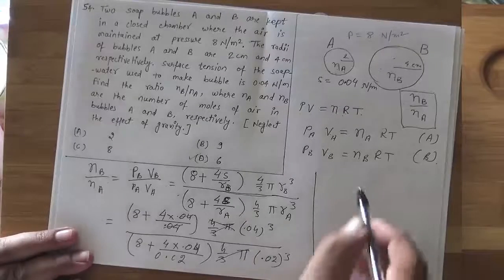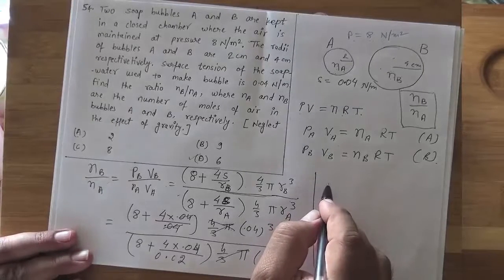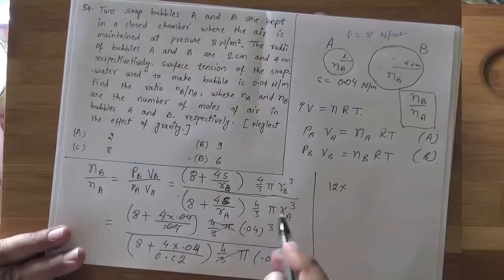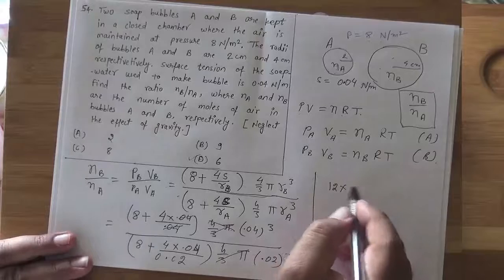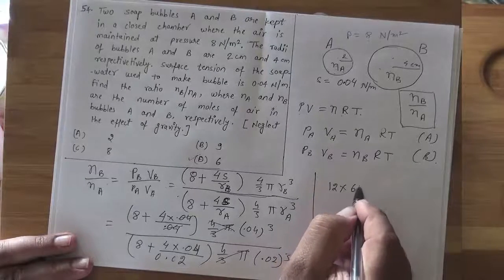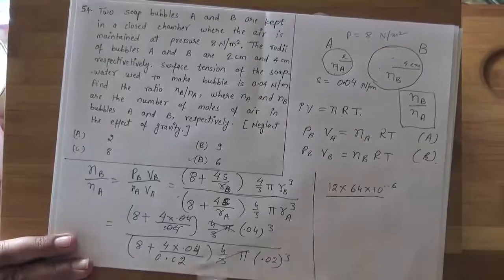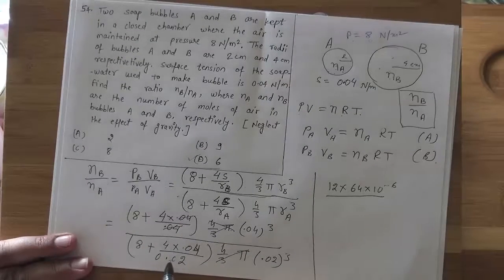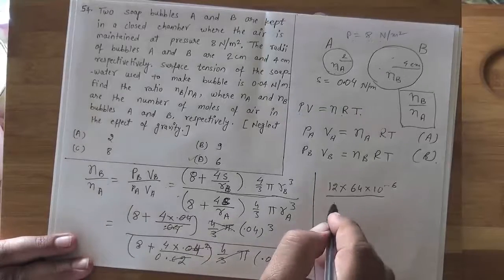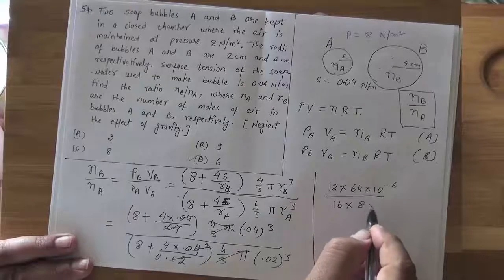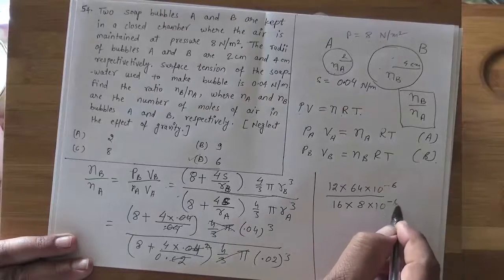And this 12 into 4 into 4 into 4. 12 into 64, 10 to the power minus 6, to be divided by, and here it will be 2 into 4, 8, 8 plus 8, 16. 16 into 8 into 10 to the power minus 6.